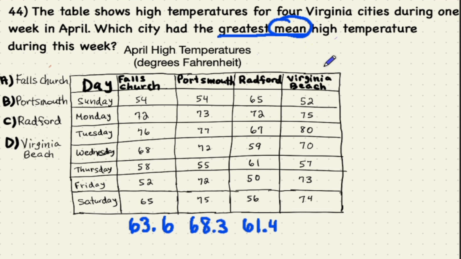And lastly, Virginia Beach is 68.7. So the city which had the greatest mean high temperature during that week in April is Virginia Beach, which is answer choice D. Okay, so let's go ahead and move on to number 45.